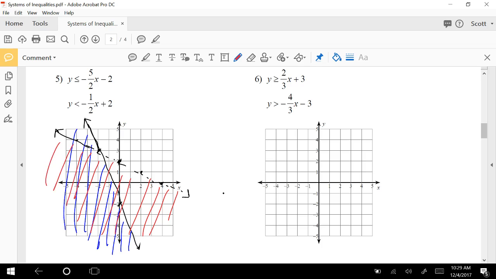So the red and blue intersect all in this area. So you can erase everything else that's not in that area. And there's your answer.